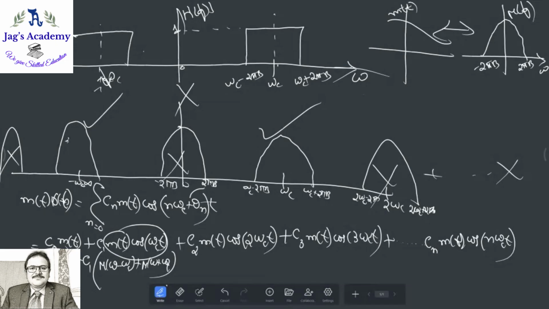Yes or no? So you multiply this with the band pass filter. Now which component will remain? Only this component. All these other components will go. And that is nothing but your double sideband suppressed carrier wave.